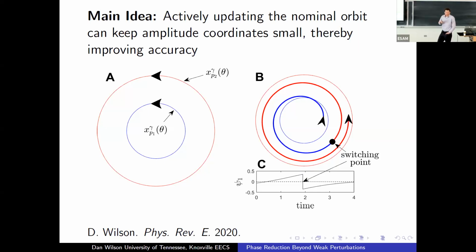At some point, it might make sense to convert my coordinates from those associated with the blue orbit to those of the red orbit, limiting the magnitude of my amplitude coordinates and thereby ending up with a good representation for the system. I'm never too far from a single periodic orbit. So this is kind of a cartoon schematic of what you can do for a discrete set of periodic orbits.